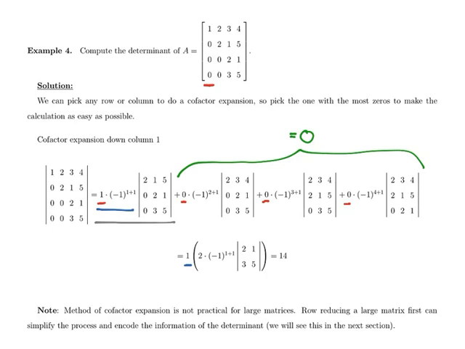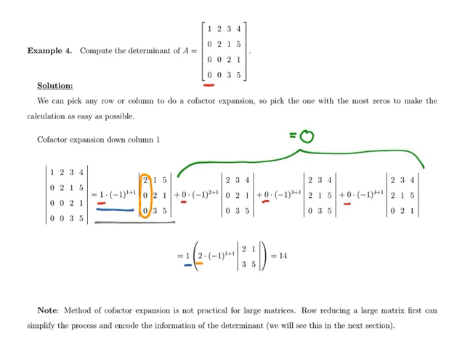And again, I can pick any row or column to do a cofactor expansion. So I'm going to pick the one with the most zeros. In this case, that'll be column 1. I take the entries 2, 0, and 0. I'm not going to write down the zeros this time because I don't need to.